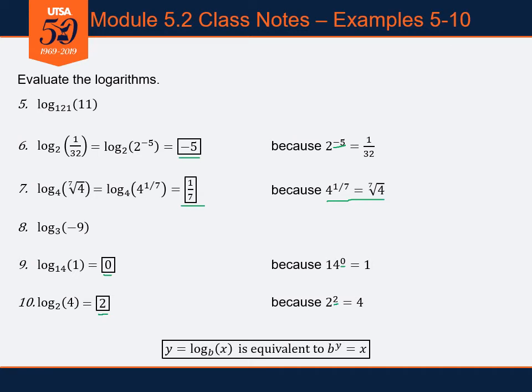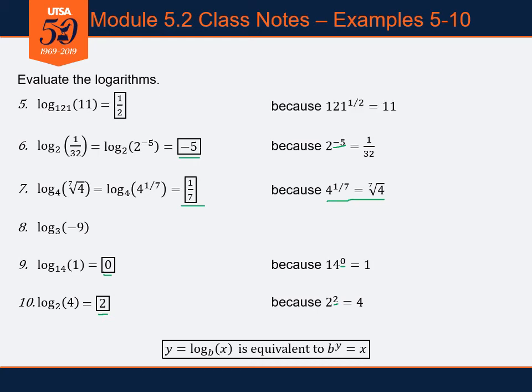Back up to question number 5, and the question here is log base 121 of 11. Base 121 to what power gives me a result of 11? I have to figure out 121 to what power gives me 11. And if I remember correctly, I think the square root of 121 is 11.